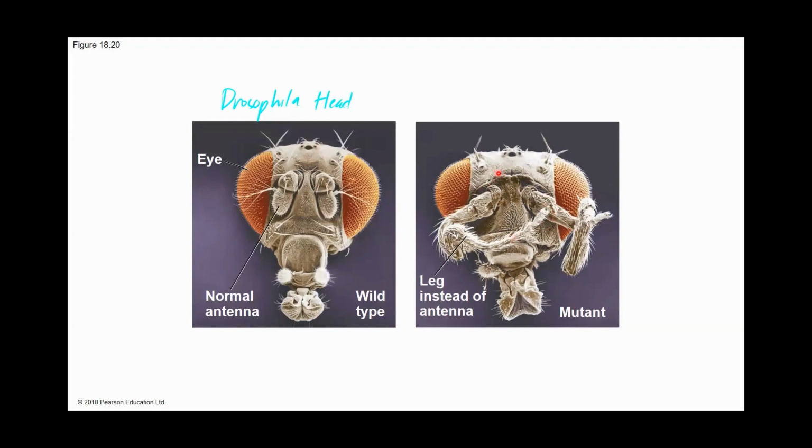For example, he obtained some mutants where, instead of having an antenna here in the head, they had legs. Okay. So this is a mutant phenotype. The next step was to locate the mutation that caused this phenotype.